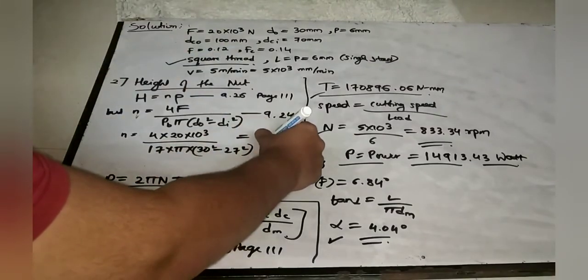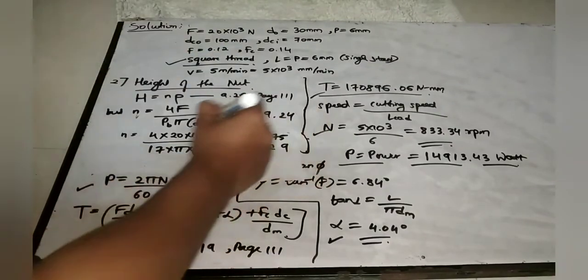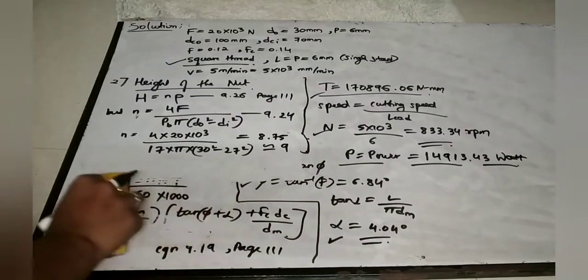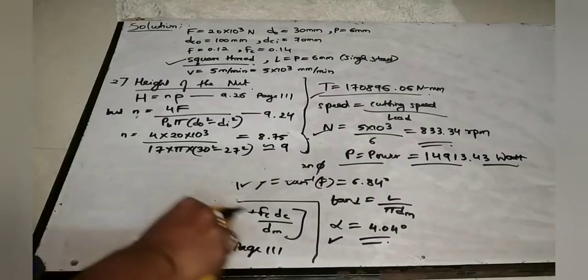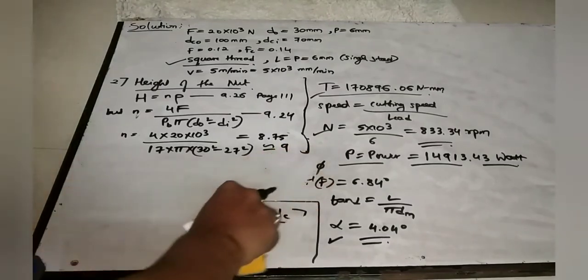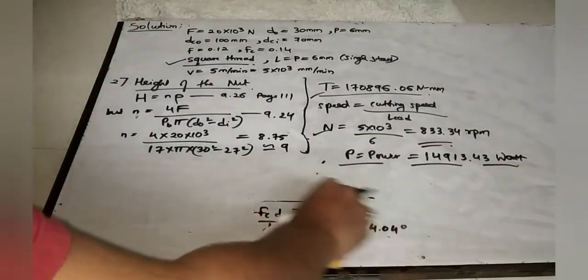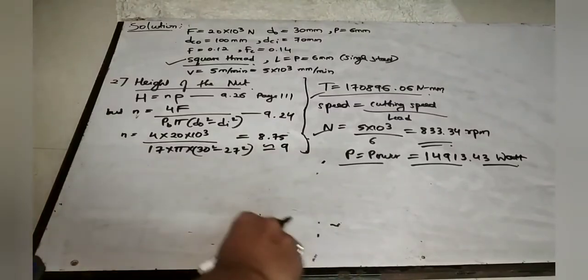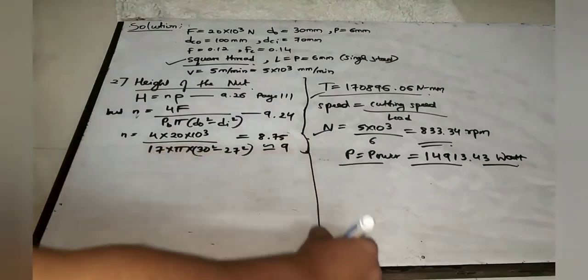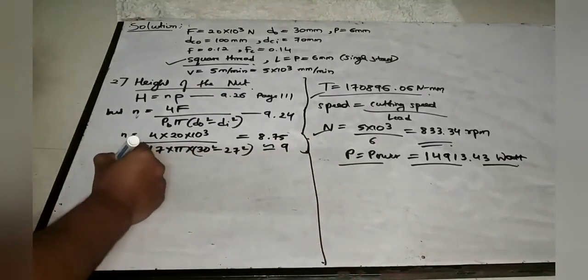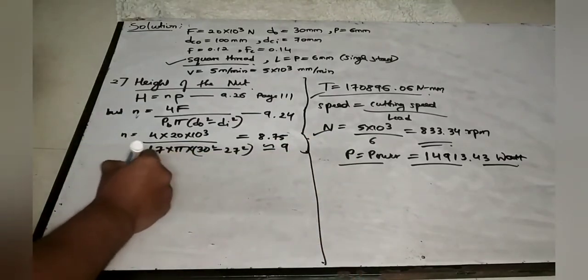So we will take it as almost equal to 9. So 9 threads will be there. So number of threads are 9. Okay. So N is equal to 9.